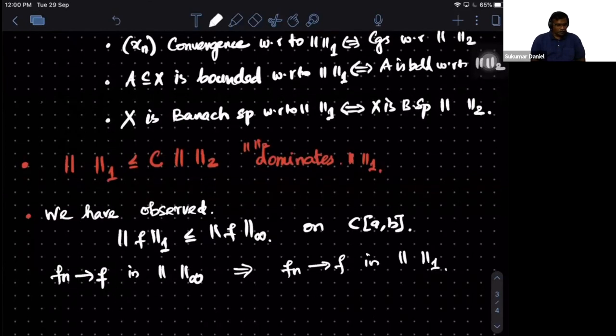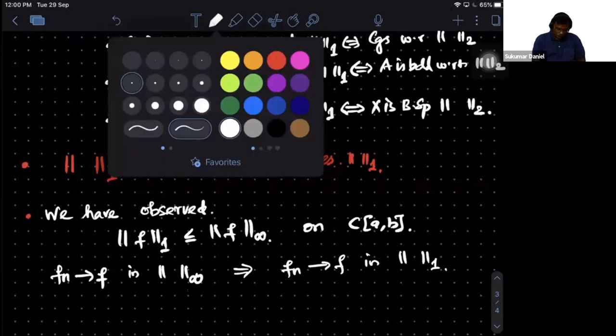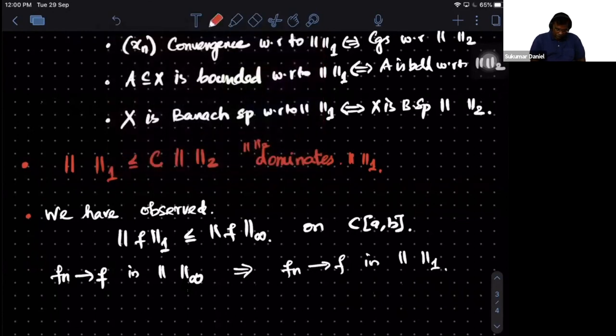Right. Now, I'll ask you the following: what is the meaning of saying that fn converges to f in this sup norm? Again, an exercise, something that you might have done. If you have not done, we can do it.